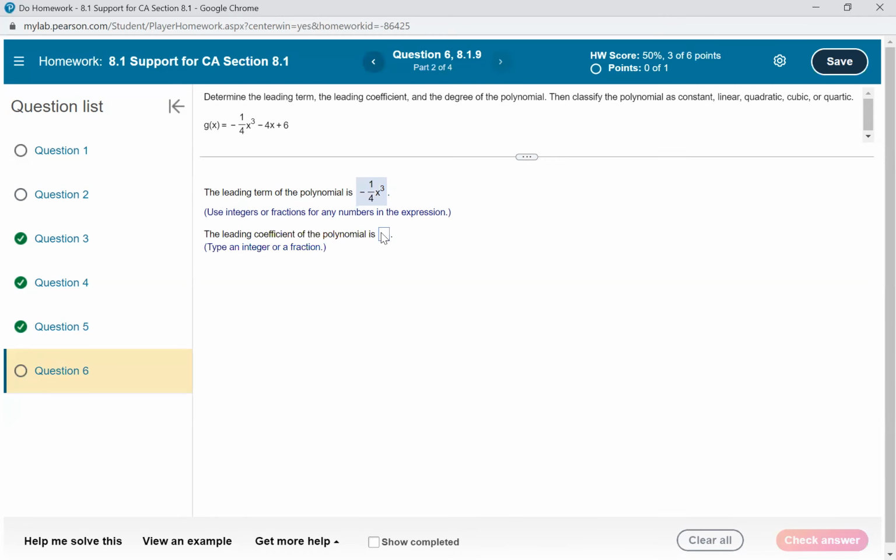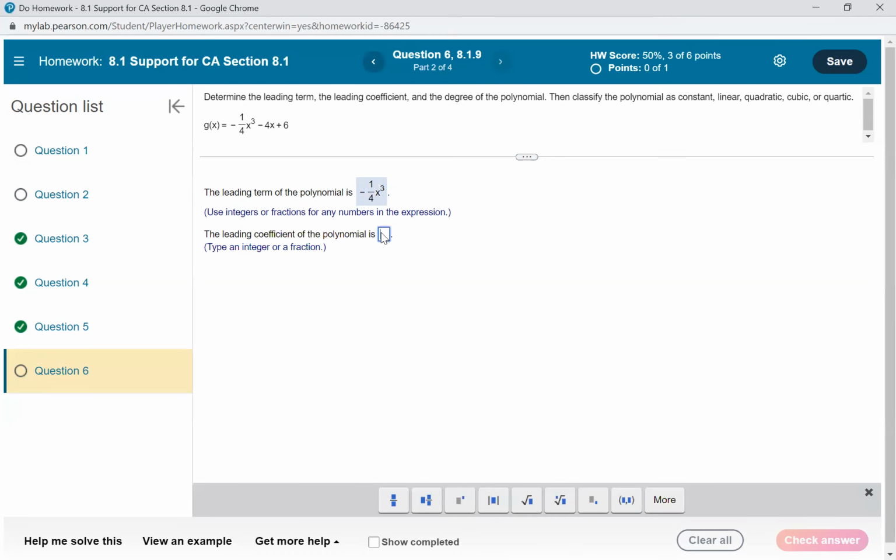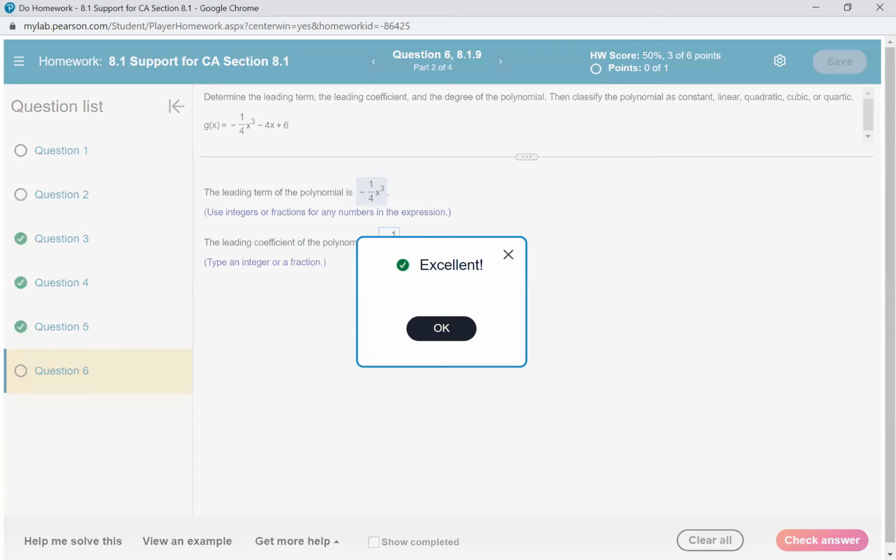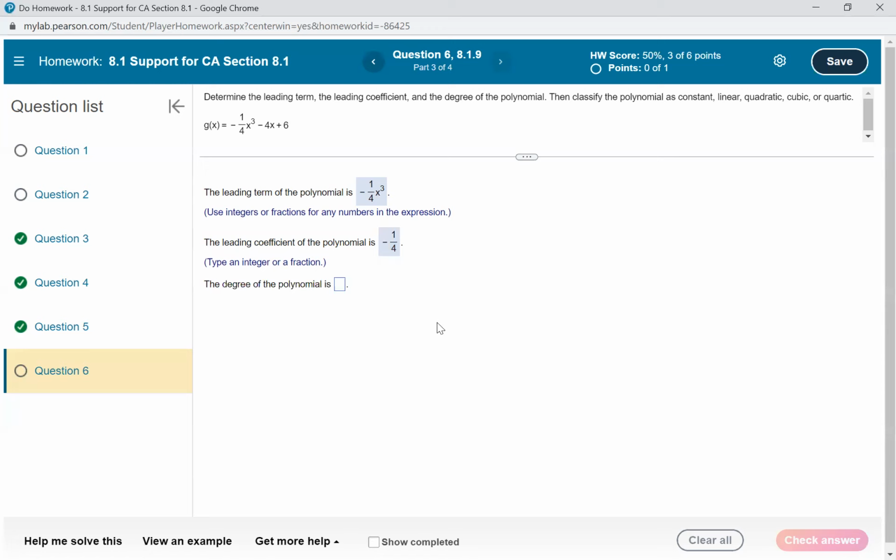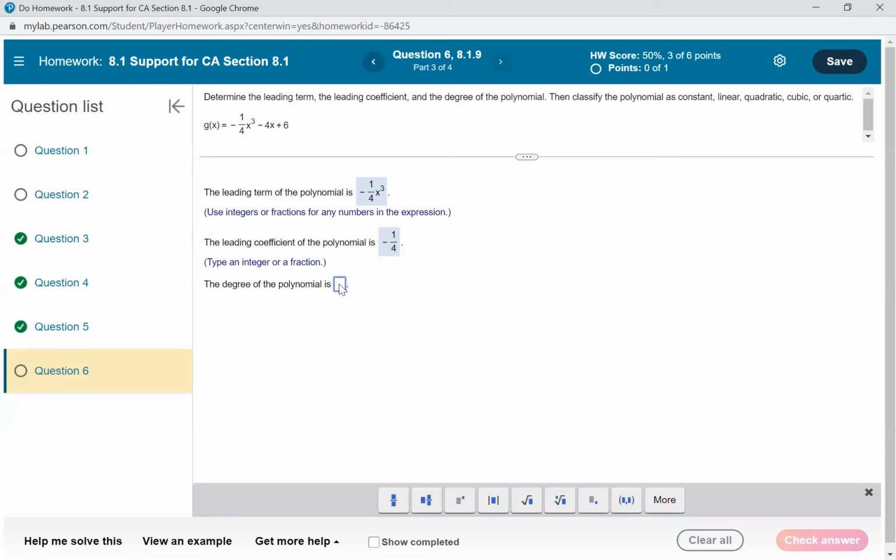So now they want the leading coefficient. Negative 1/4. The degree of the polynomial. 3.